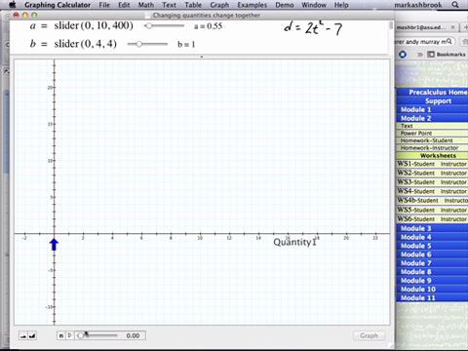So our quantity 1 is going to be time since Bob started driving, in seconds, right?